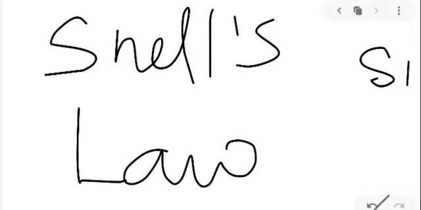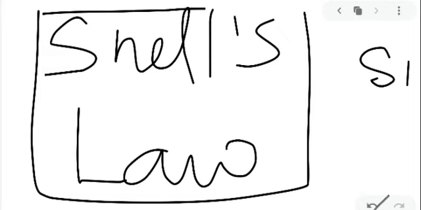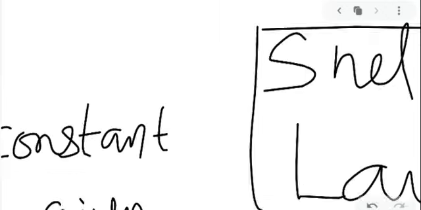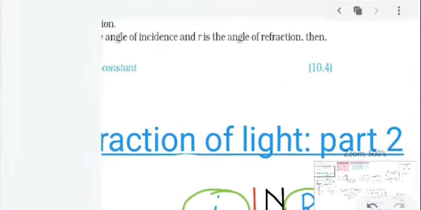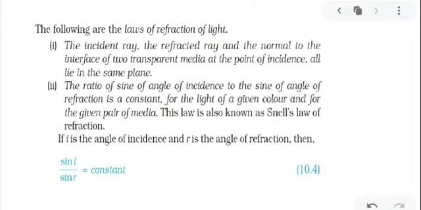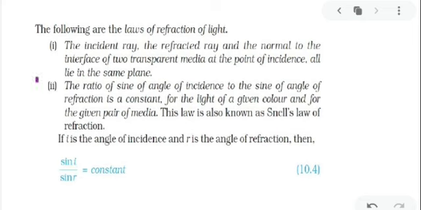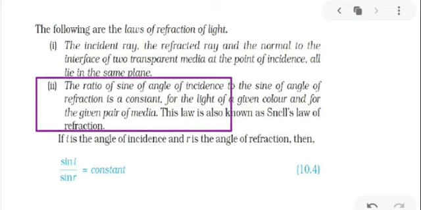Snell's law itself makes one part of the law of refraction. So just like in the case of reflection, we have laws of refraction too, and these are the two laws of refraction, out of which we just studied Snell's law.